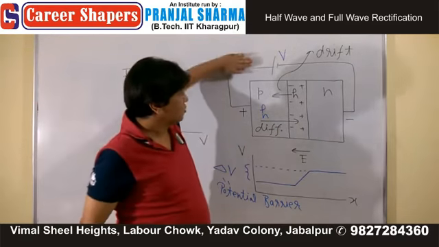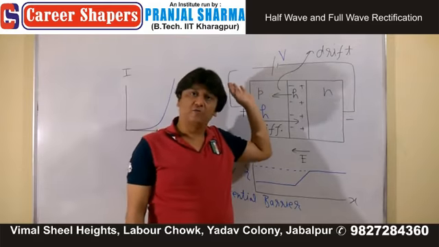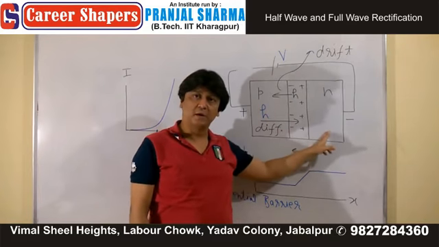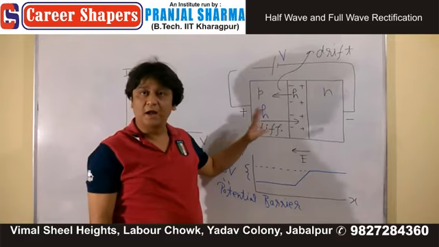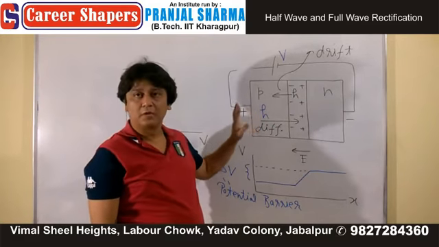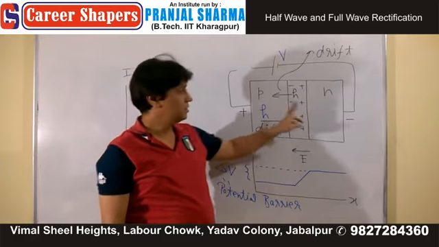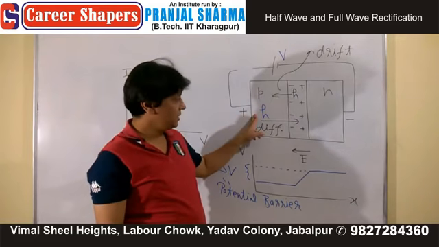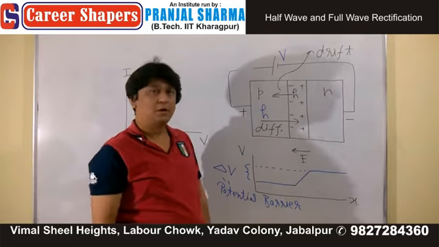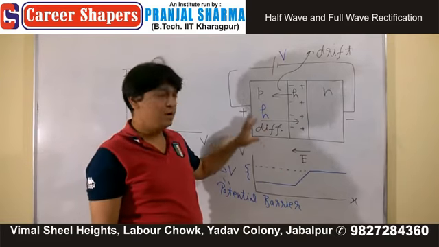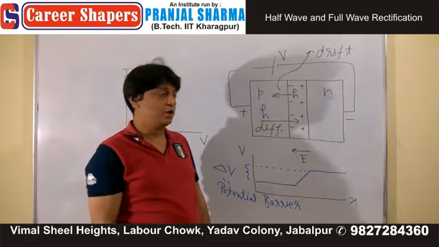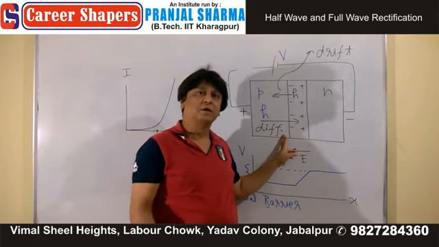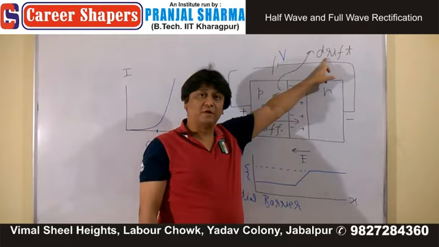Now, no battery is connected, only highly energetic holes are moving from P to N. At the same time, very highly energetic holes, they move from this position to this position, P to N. Now, as they move from P to N, you get diffusion current, but at thermal equilibrium or at steady state, this diffusion current is being balanced by the drift current.